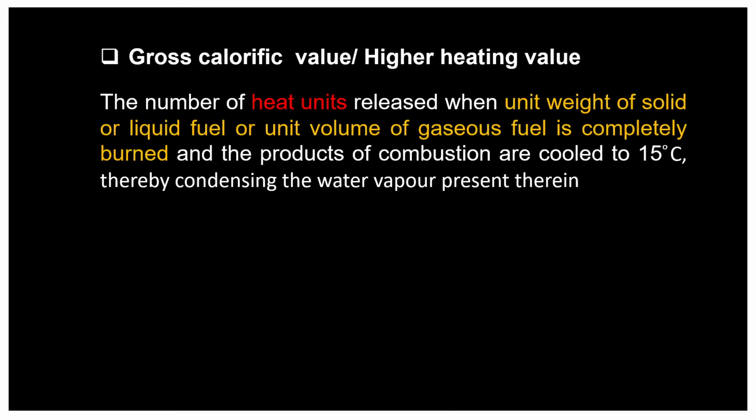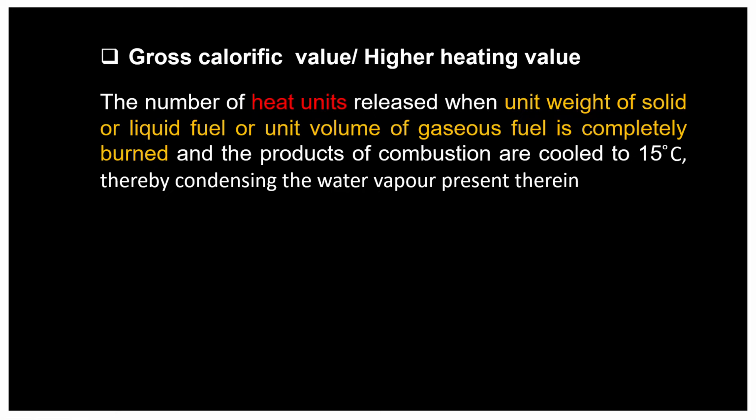The gross calorific value is the number of heat units released when a unit weight of solid or liquid fuel, or a unit volume of gaseous fuel, is completely burnt and the products of combustion are cooled to 15 degrees Celsius, thereby condensing the water vapor present. When we condense the water vapor, we get 1 gram of water from the condensation.